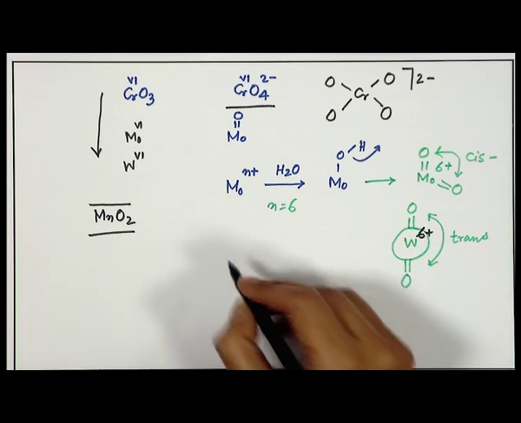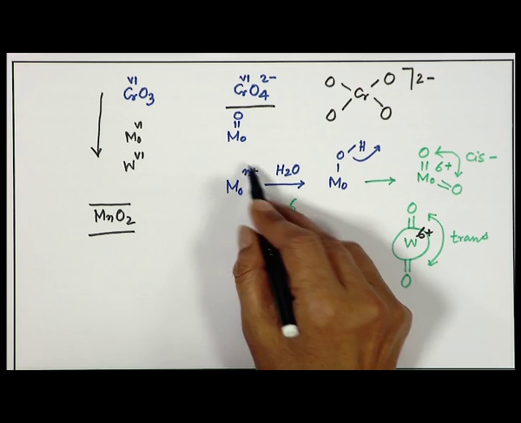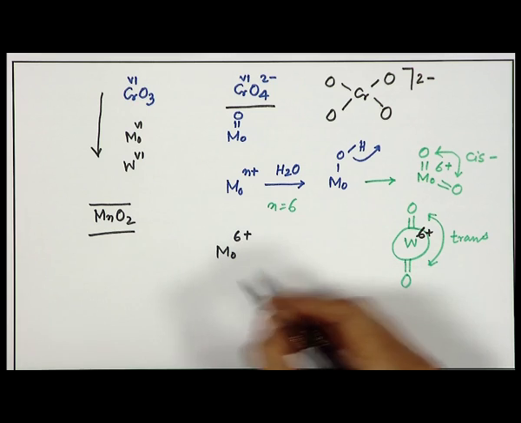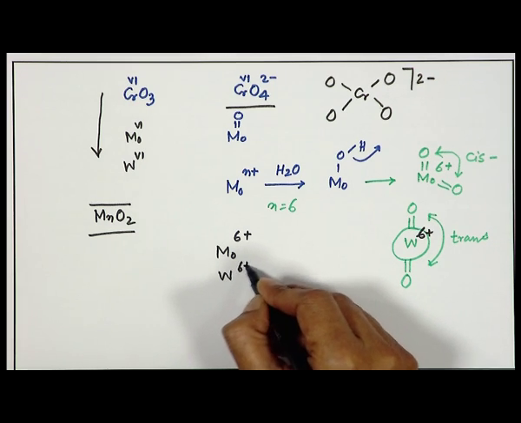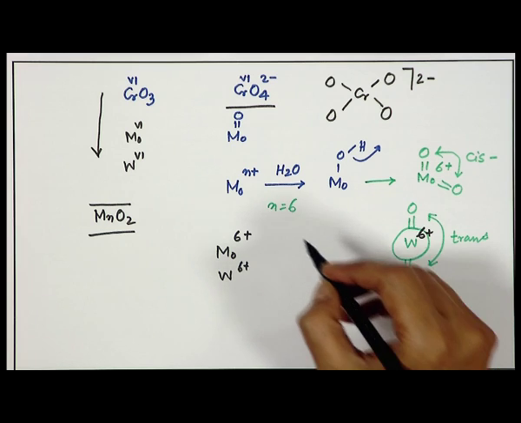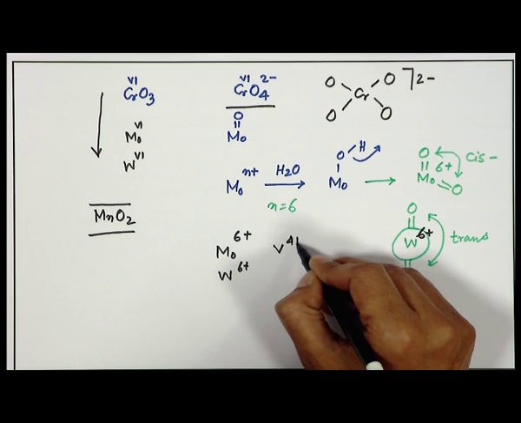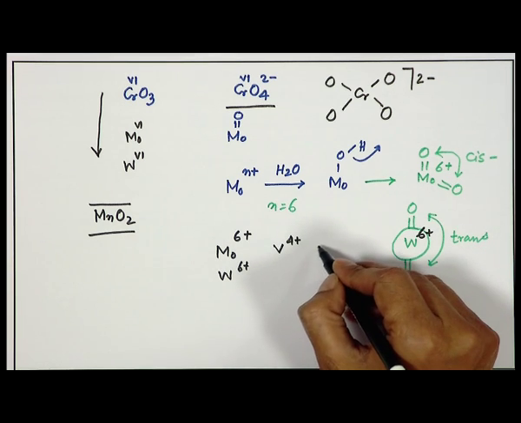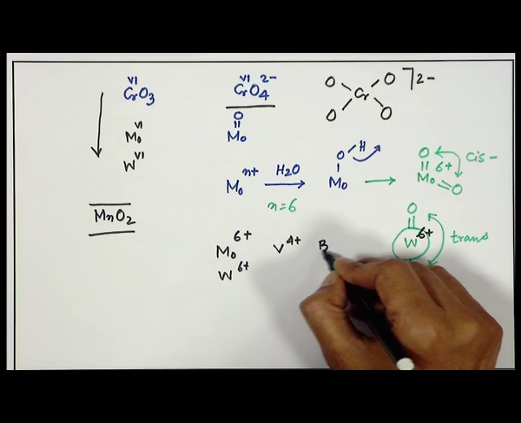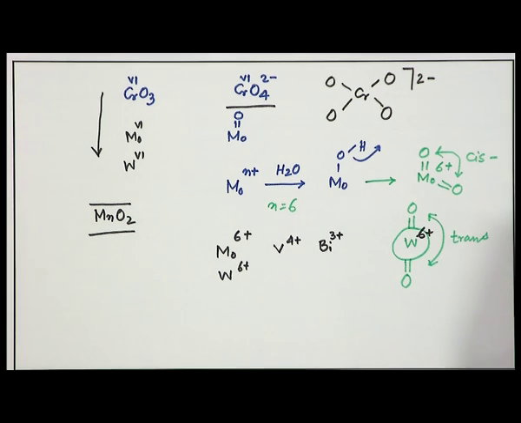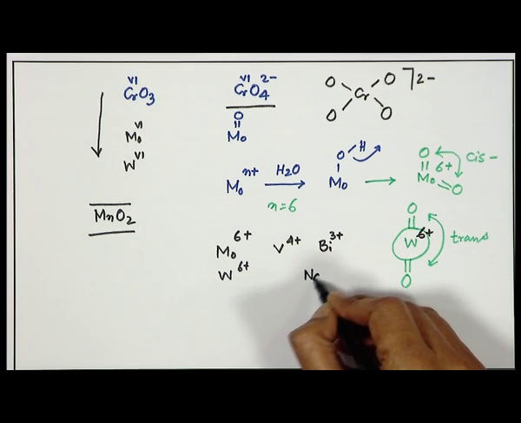So, instead of talking about molybdenum in the hexavalent state and tungsten in the hexavalent state, similarly for other species like vanadium, we will be talking about vanadium 4 plus, as well as the non-transition elements. That is a laboratory reality also. In laboratory experiments we use sodium bismuthate, NaBiO3.